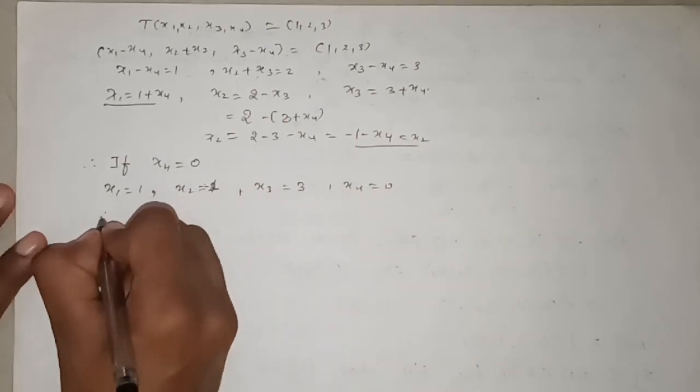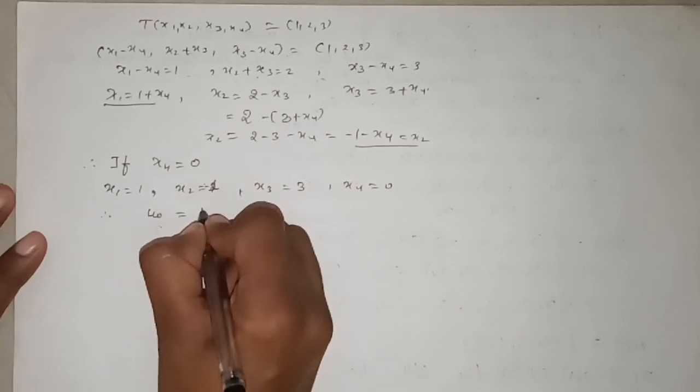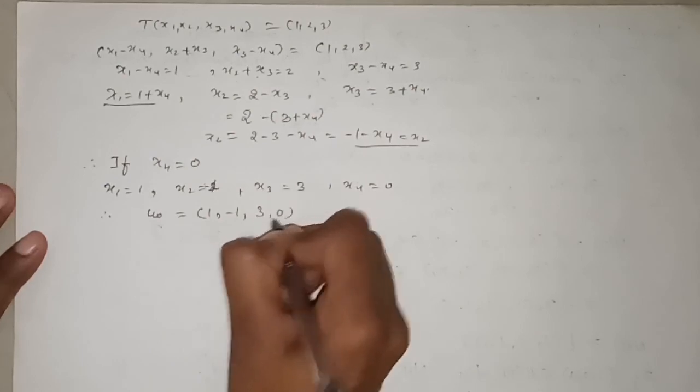Therefore u0 becomes (1, minus 1, 3, 0).